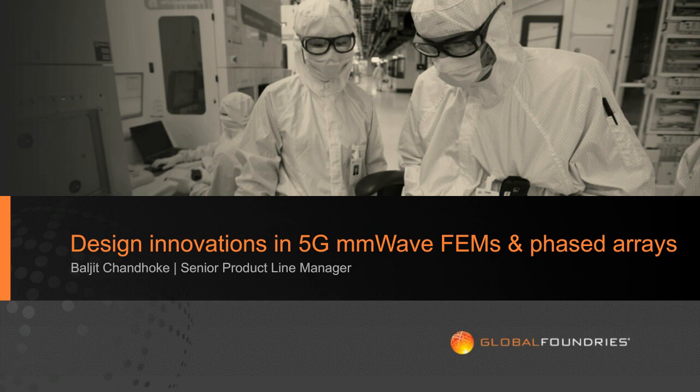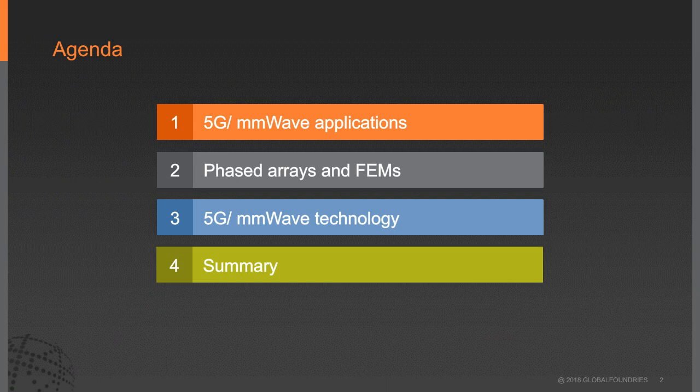The agenda for today's webinar: I will go over 5G mmWave applications, how 5G NR standards are driving increasing radio complexity and cost, and what the technology requirements are for mmWave applications.